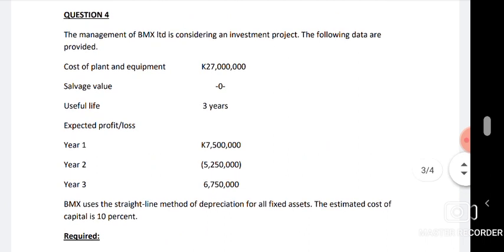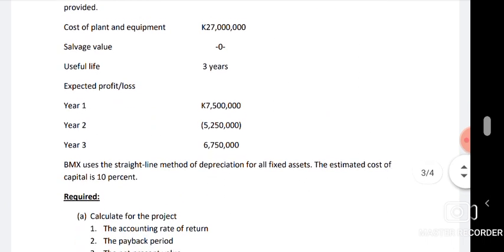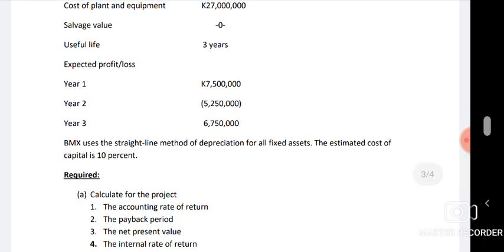If we scroll above, there's nothing about tax. If there was tax, we would have done some quick adjustments, but since this question doesn't have tax, we would not go through that route. Just remember that usually our cash flows are made after tax. But if there's no tax, then we'll assume that these cash flows that we have converted by adding back depreciation have been converted to that same after tax cash flow.